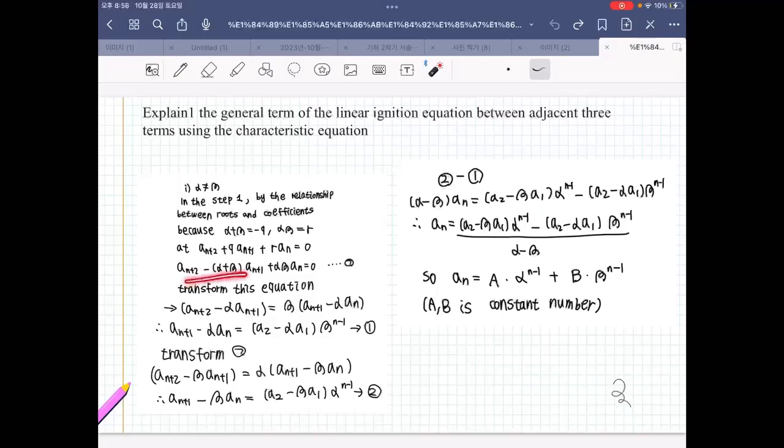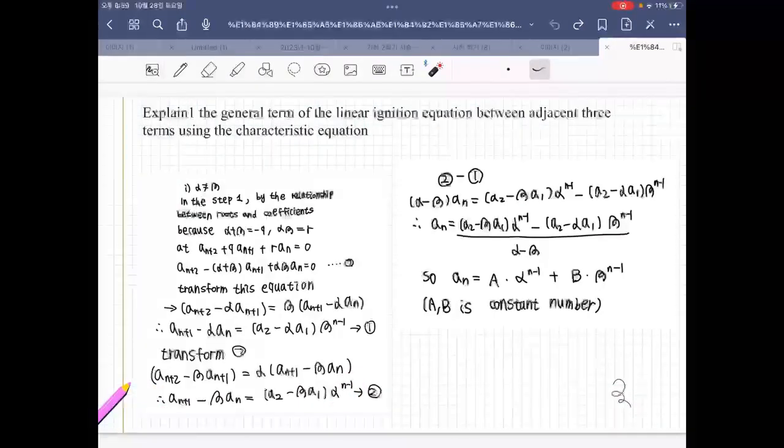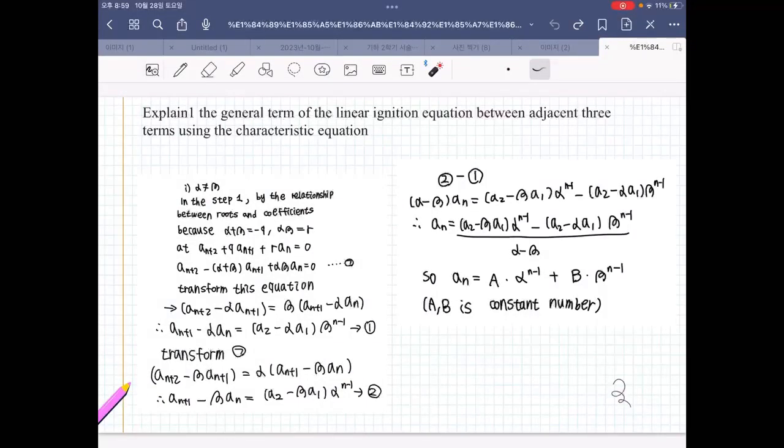And transform this equation, we can get this correlation. And as a result, we can get this correlation, and I name this correlation number 2. And last, subtract equation 1 from equation 2, we can get this equation. So, this equation is expressed like this.